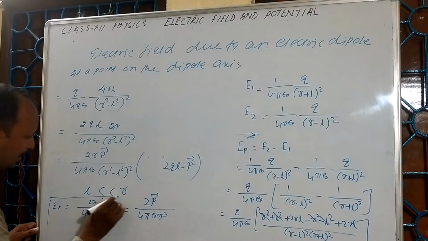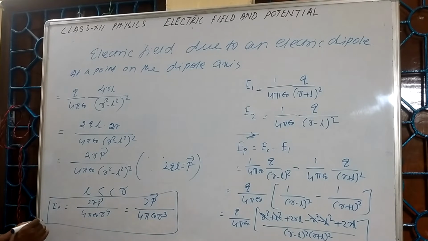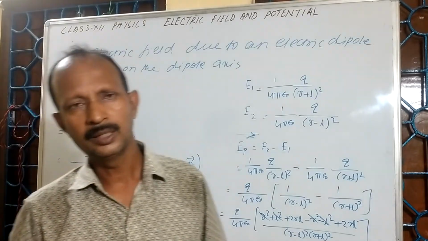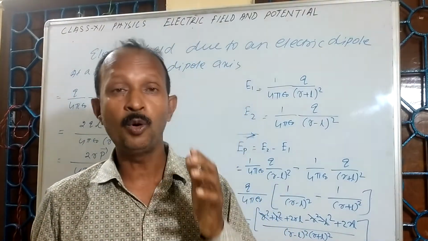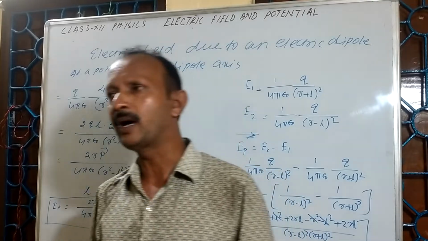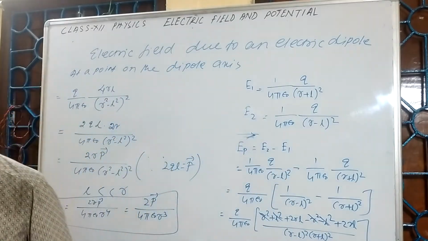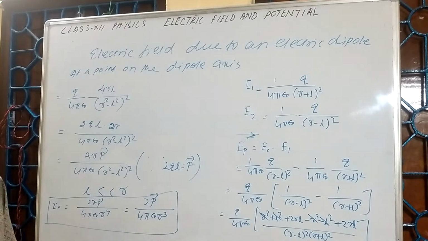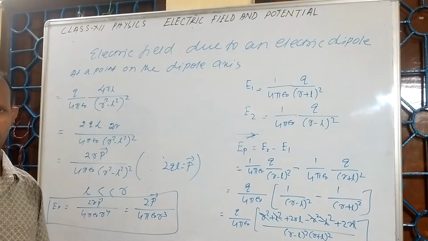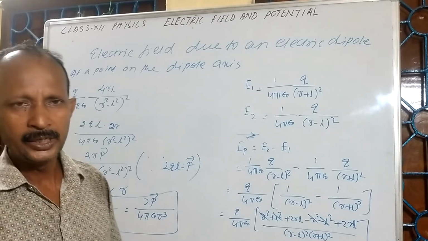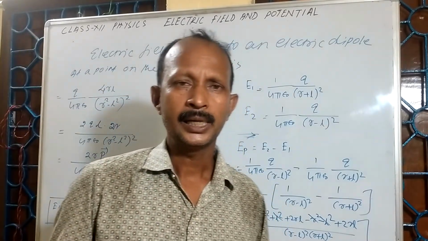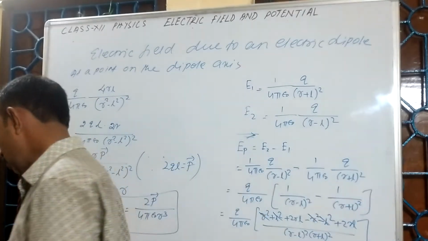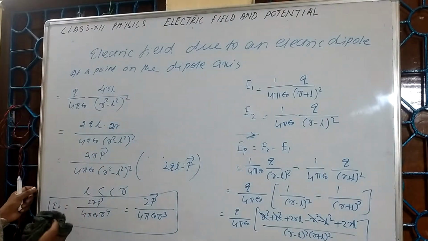This is the net electric field at a point on the dipole axis. It is on one end of the point, okay. So this is the way I calculated the electric field at a point due to electric dipole, or you can say due to dipole moment.